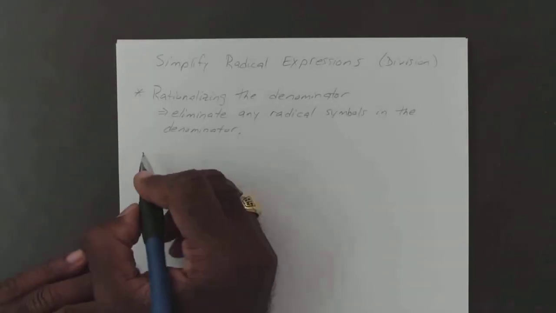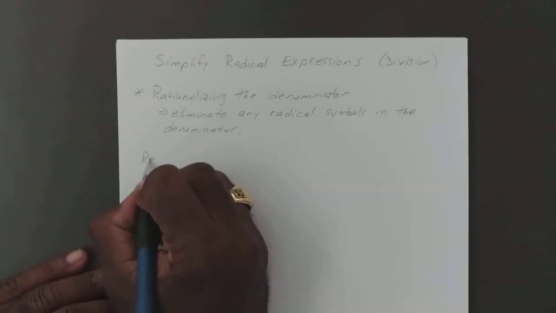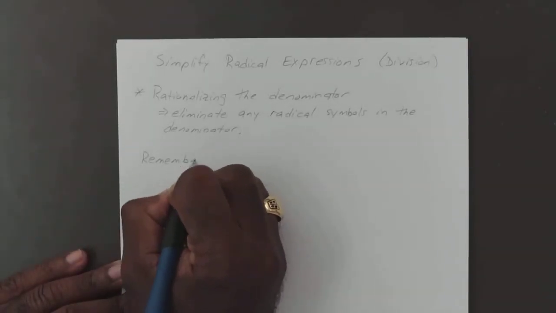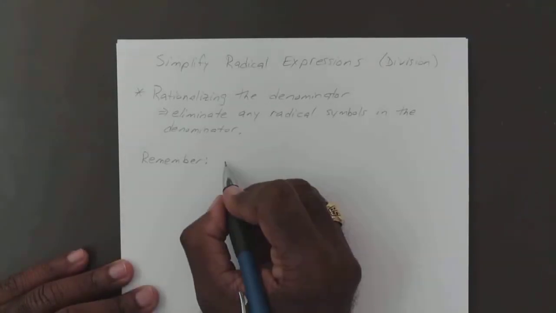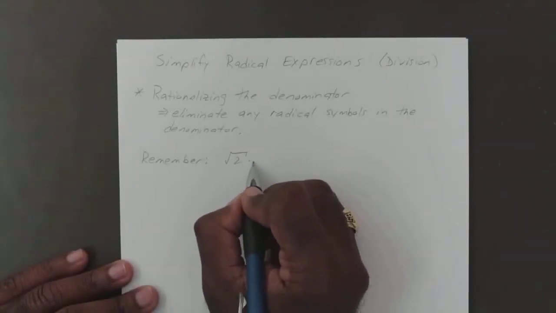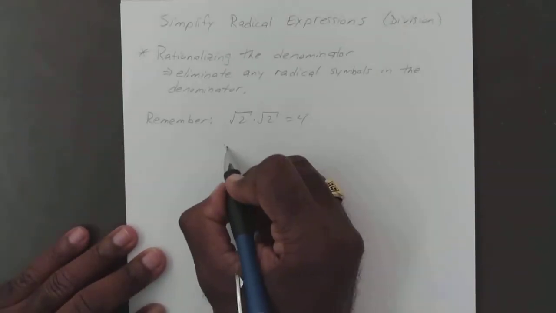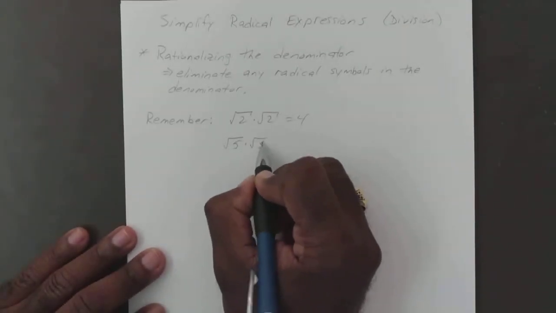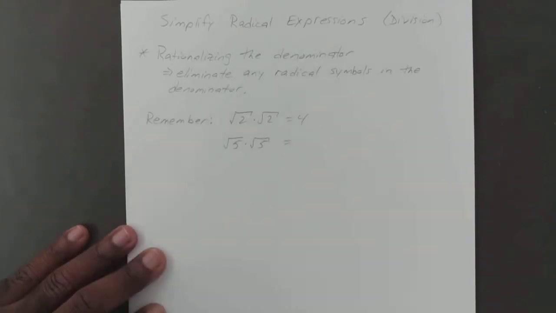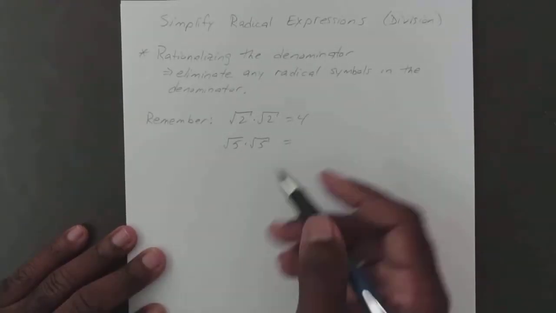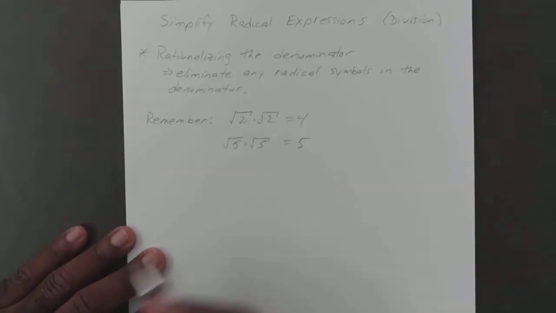Now to do that, you really just have to remember that square root of 2 times square root of 2 equals 2. Or square root of 5 times square root of 5 is just going to equal square root of 5 squared, or square root of 25, which is just 5.